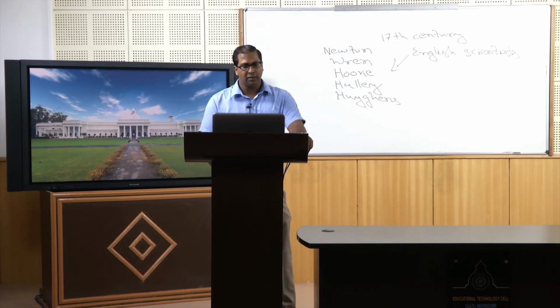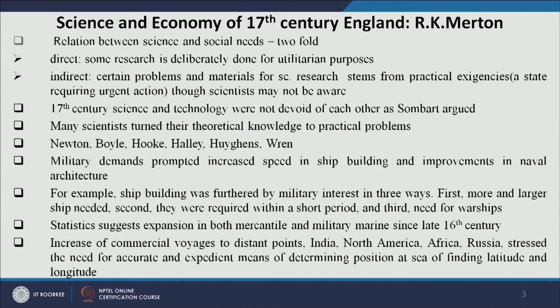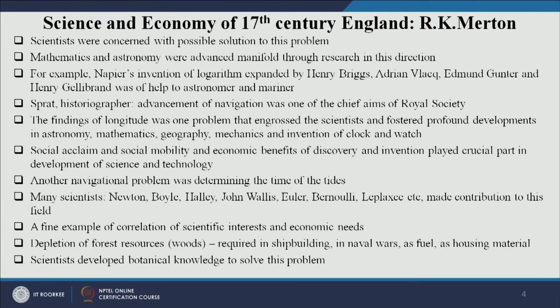And the increase of commercial voyages to distant points such as India, North America, Africa, it stressed the need for accurate and expedient means of determining position at sea, of finding longitude and latitude. The scientists were concerned with possible solutions to this problem.